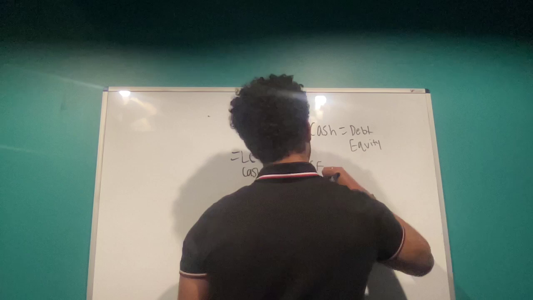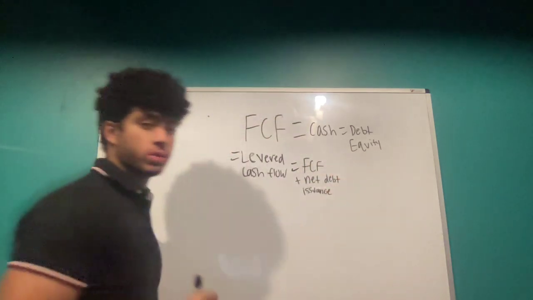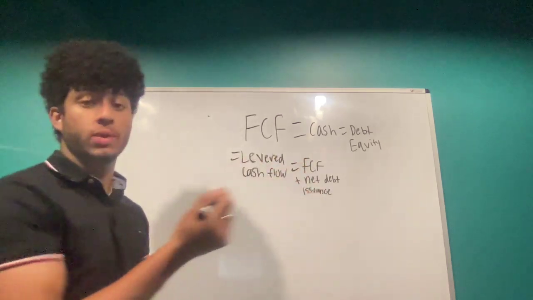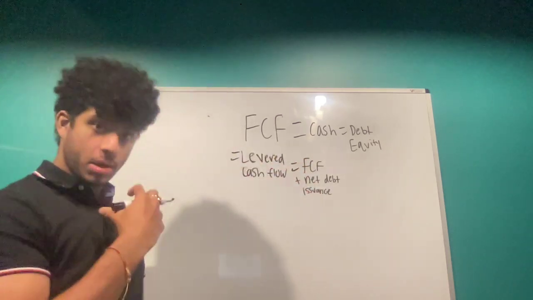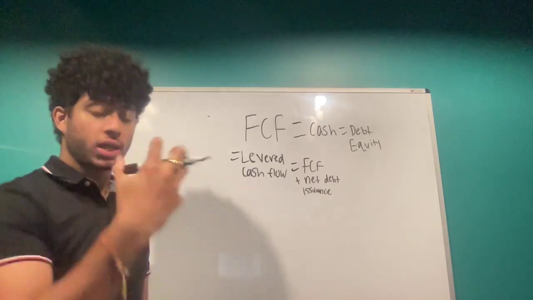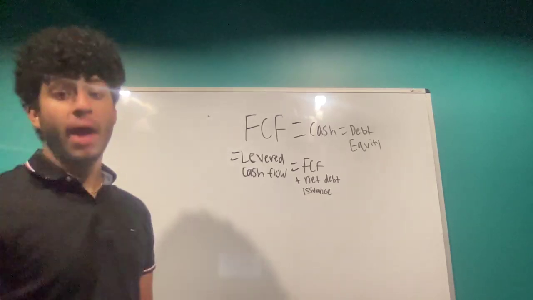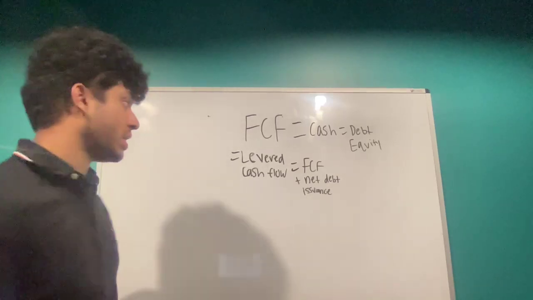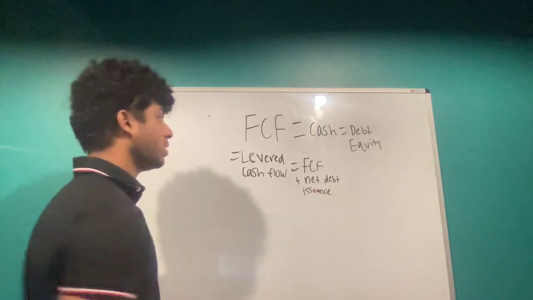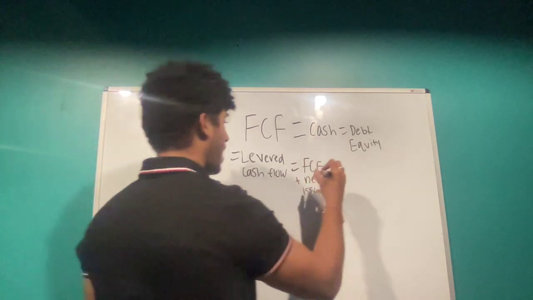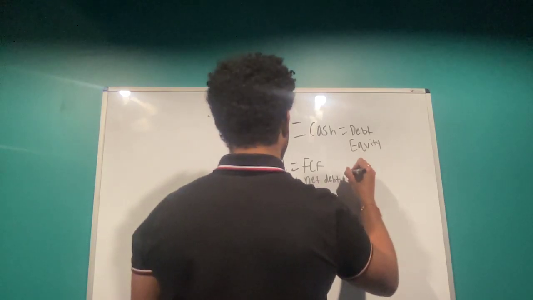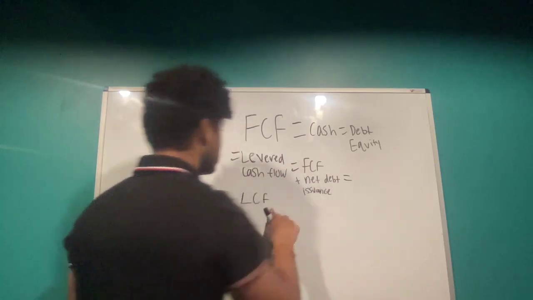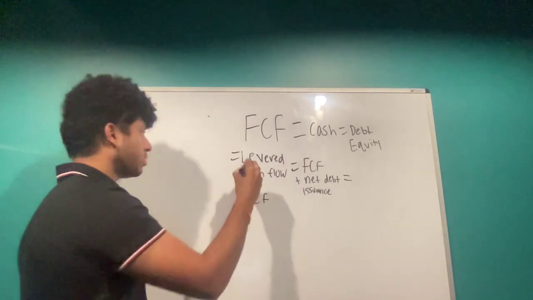And just to give a simple explanation, by net debt issuance, we're talking about either the company issuing new debt, such as issuing a corporate bond that would increase the amount of cash the company has, bringing in capital, or paying back debt, or paying back debt-related interest, etc. That is net debt issuance. So once we add that back, then you get to your LCF. Again, LCF is just levered cash flow.